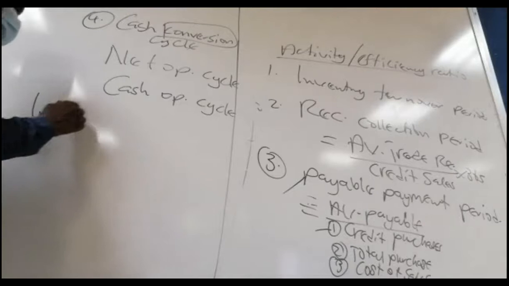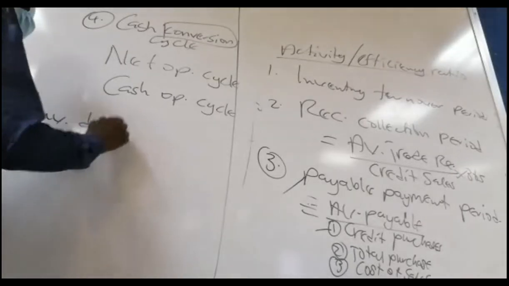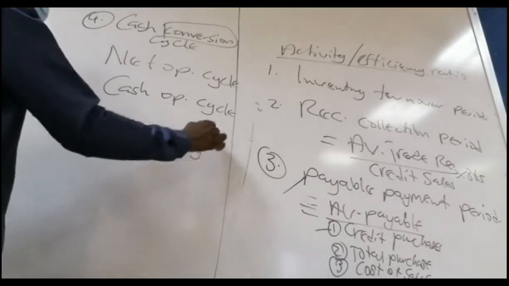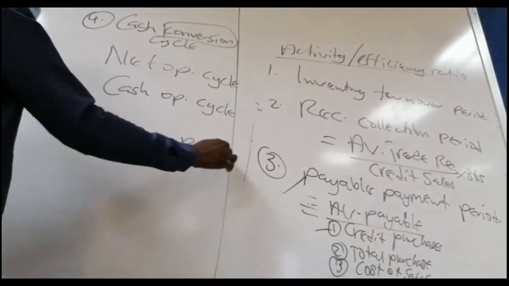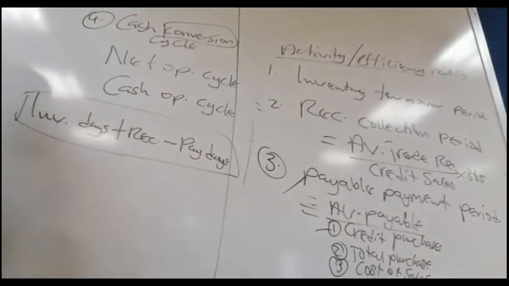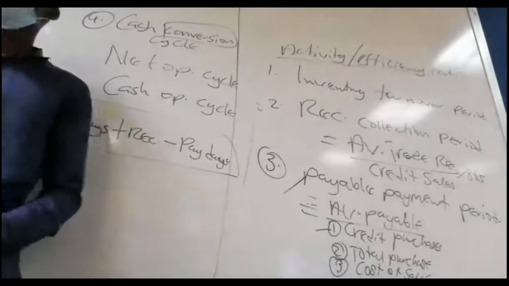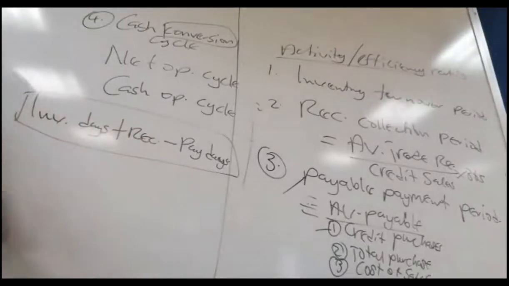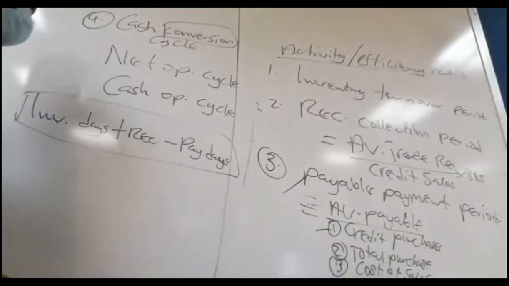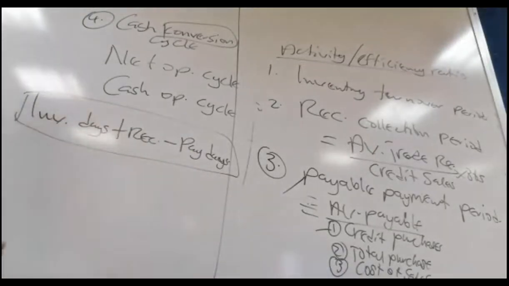So inventory days plus receivable days less payable days. This will give you what we call your net working capital. The monetary version of this is the cash or the amount of overdraft that the organization needs, not what they have requested for.